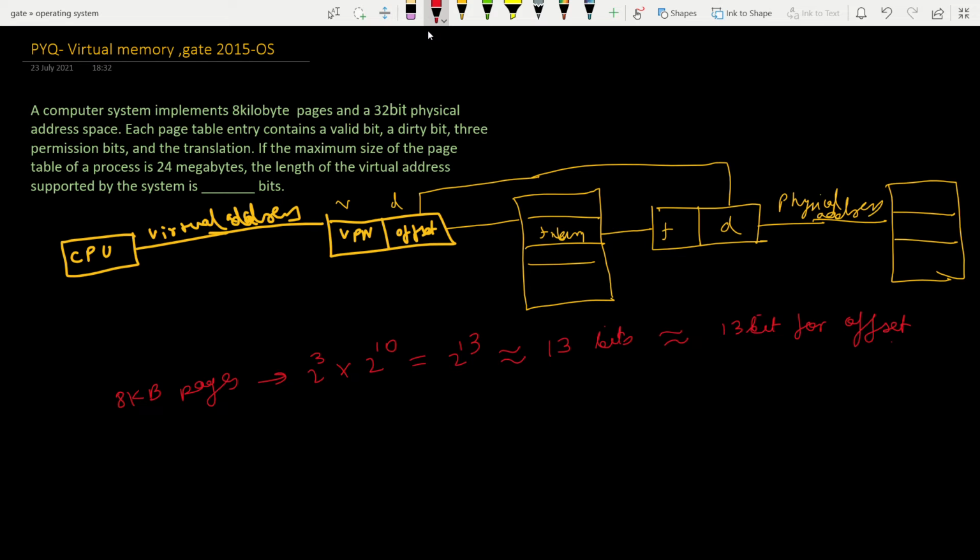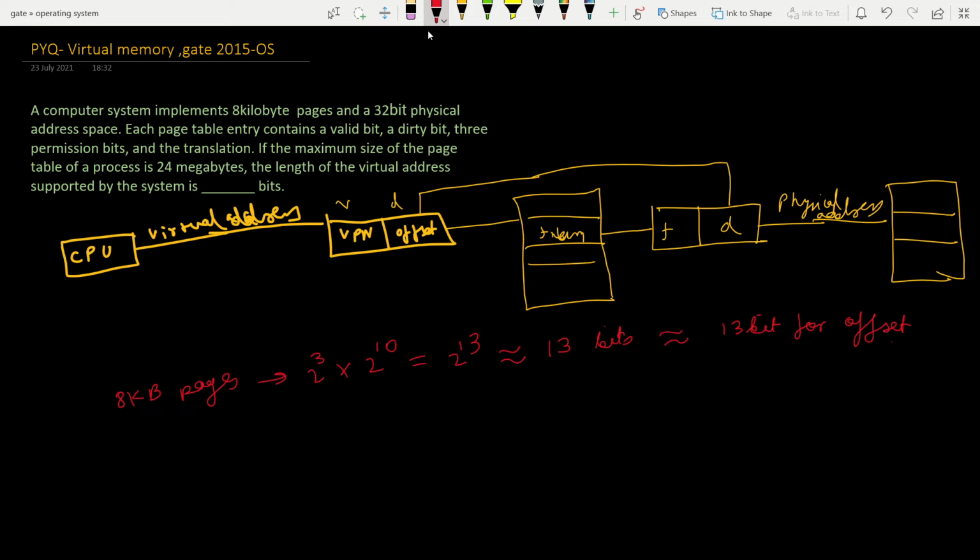The valid bit tells if the page is a valid entry or not. The dirty bit tells if the page has been modified or not. If it is set to 1, it has been modified, and if it is set to 0, it has not been modified.